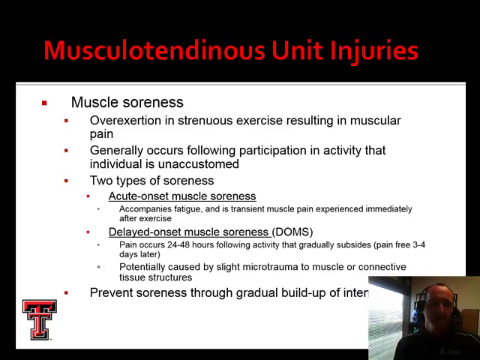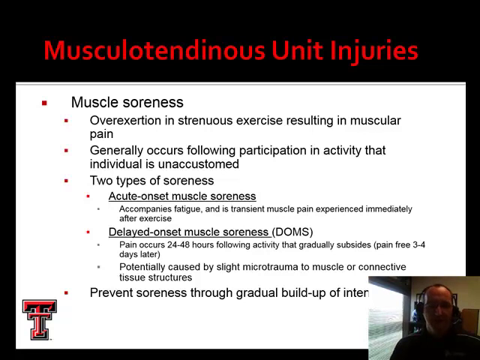Muscular soreness can be a normal part of training. Most of you, if you're a kines major, you've probably trained. If you're an athlete, you've probably trained, and you know what that next day soreness feels like. There's a difference between overtraining and overextending. Overexertion in strenuous exercise results in muscular pain.